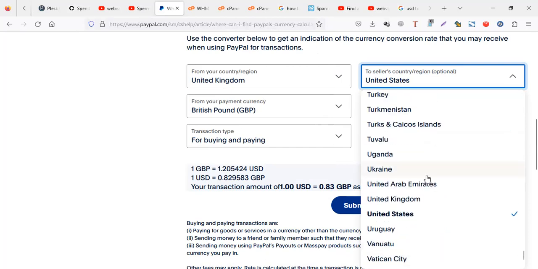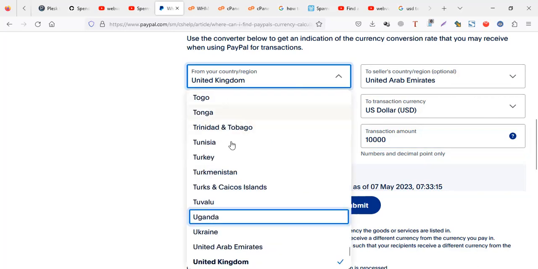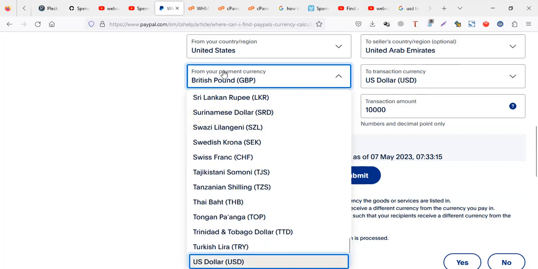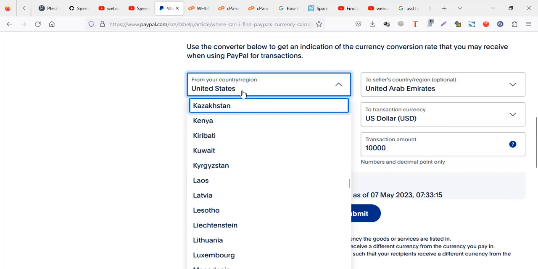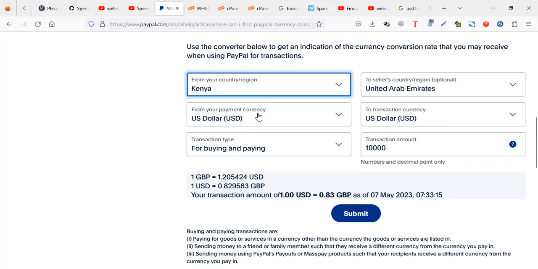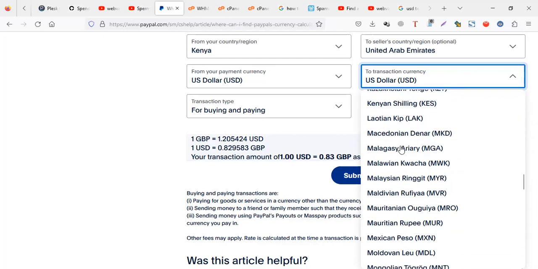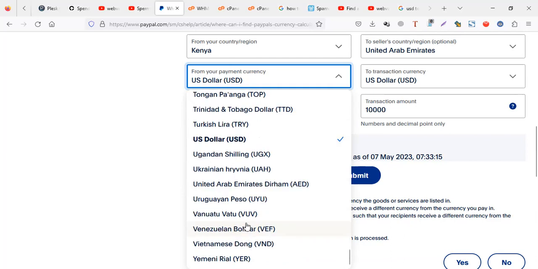Let me say my account is in UAE, set in US dollars, and I'm paying the receiver, who is in Kenya, but whose account uses US dollars. Let me just find another currency.